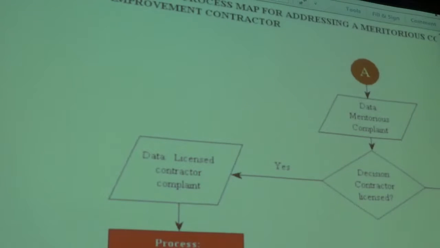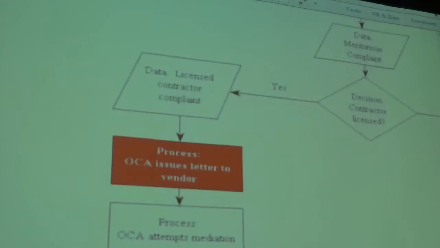And I apologize that this is a little tedious, but I'm illustrating how process evaluations are conducted. So if the complaint has merit, and if the contractor is licensed, then that starts another process, another function. OCA issues a letter to the vendor, to the home contractor.